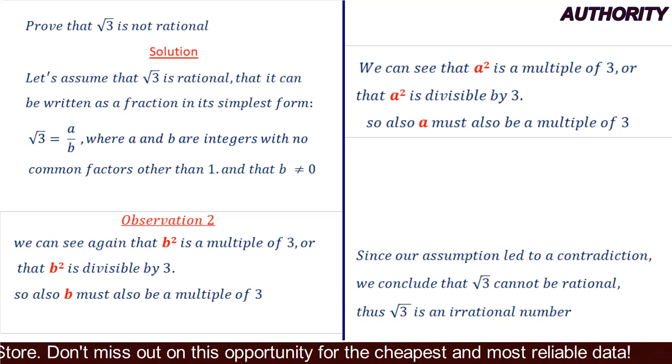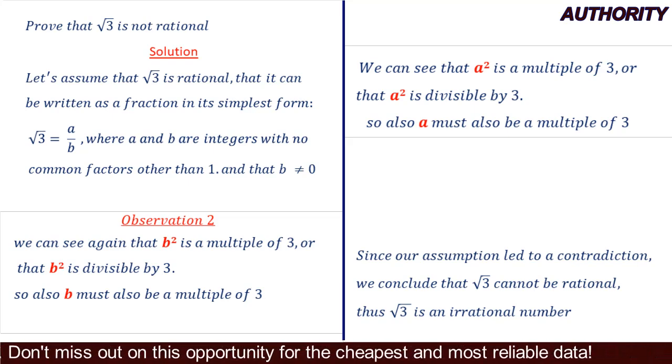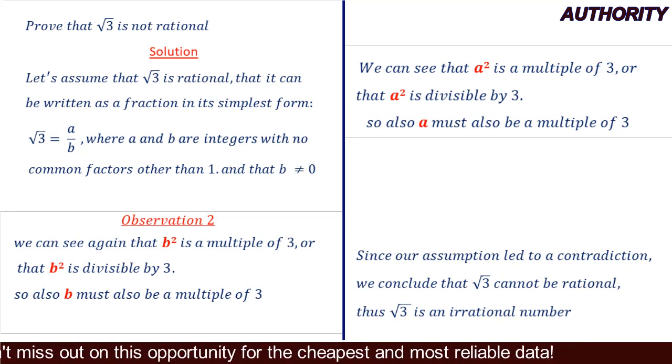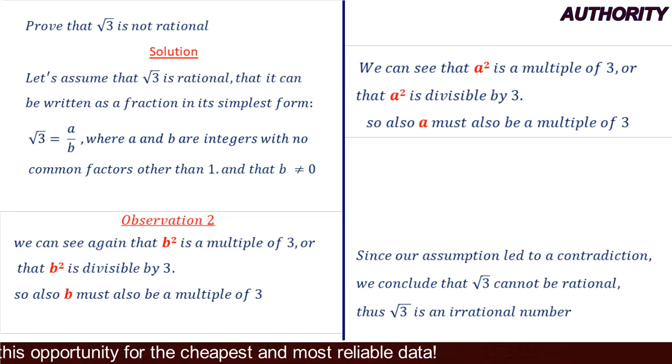So from here we see that it contradicts our initial claim. Since our assumption led to a contradiction, we can conclude that root 3 cannot be rational. Thus, we say that root 3 is an irrational number. Are we together? Yes. Hence the proof. So we have proven that root 3 is not rational.